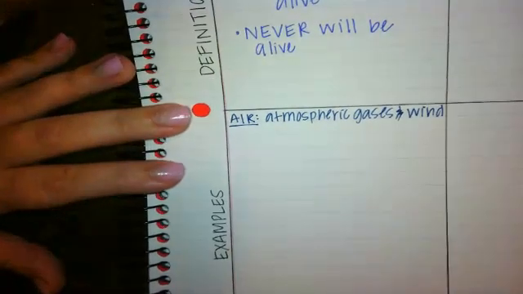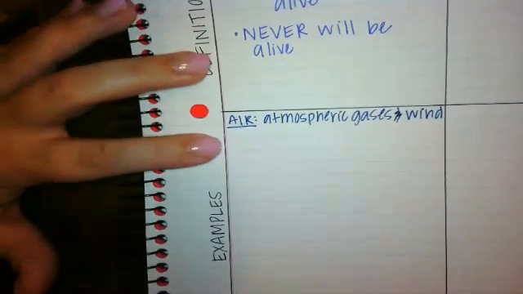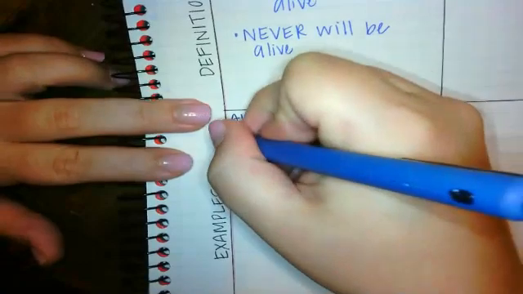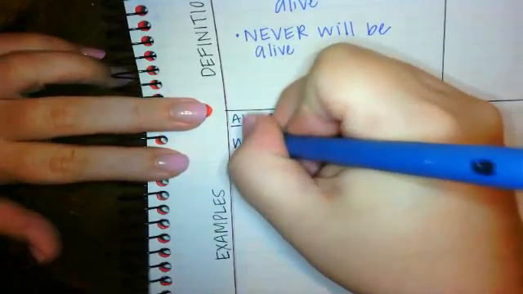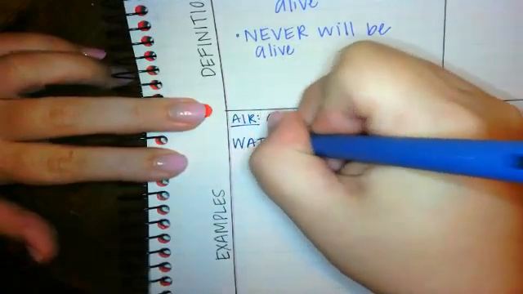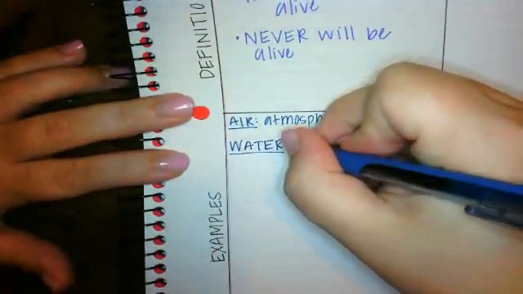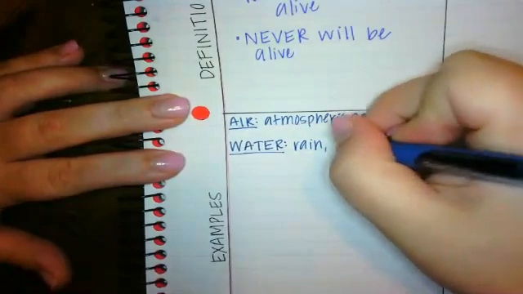A pretty simple category, atmospheric gases and wind. The second category that's going to go in these examples is water. But what does that include? We are going to add to our category here by saying rain, humidity.